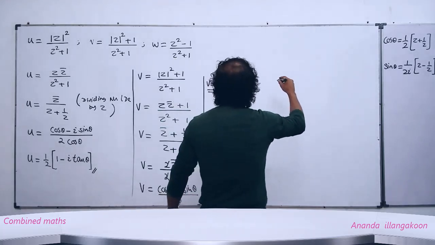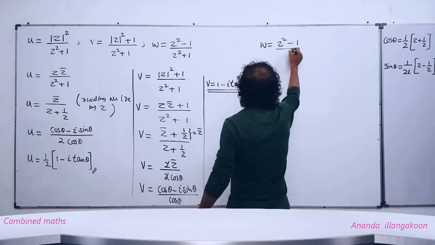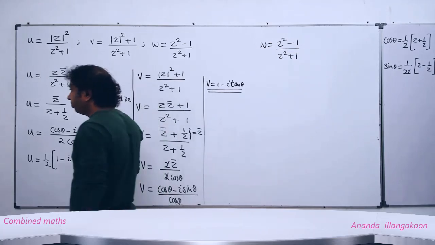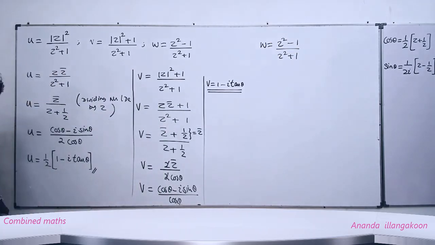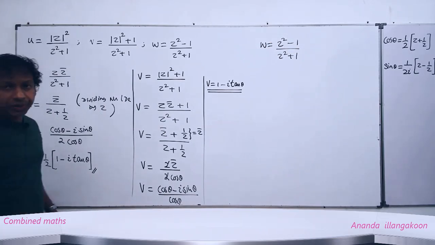Third one, W, z² minus 1 divided by z² + 1. Divide here also both the numerator and denominator by z.